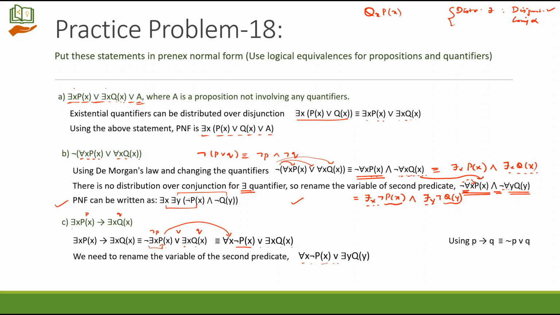We are changing existential X to existential Y, Q of Y. This particular part is renamed. Now can you bring it out? Yes, you can bring it out. Prenex normal form can be written as for all X there exists a Y along with this particular expression. So when it is X, P of X will be used. When it is Y, Q of Y will be applied. So the disjunction operation is not disturbed. This is how we will be able to write Prenex normal form expressions.